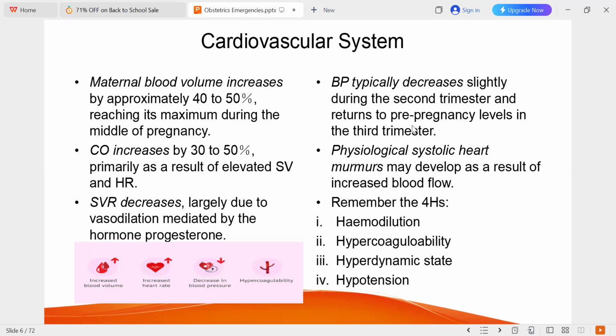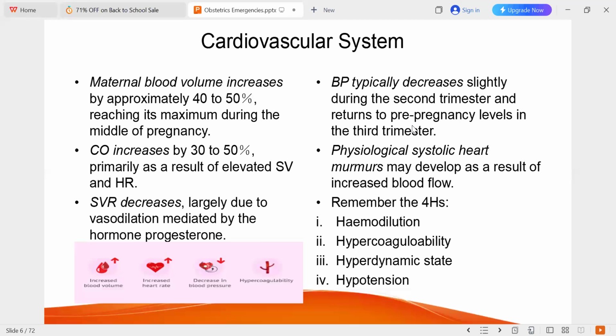Most pregnant women may have a systolic murmur, which is physiological, and this is a result of increased blood flow. So, in summary, there are 4 Hs of cardiovascular changes in pregnancy. Hemodilution, due to the increase in blood volume.